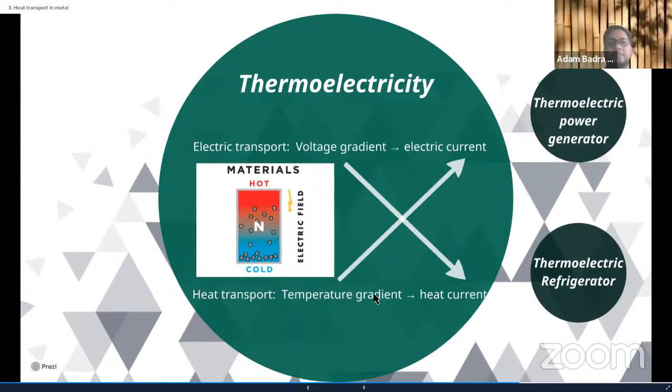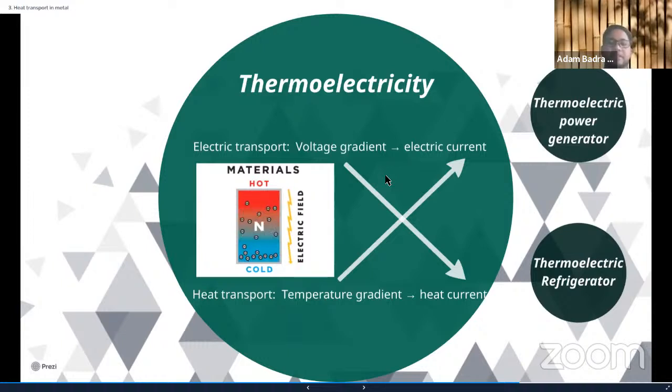So in most metals, or any solid state material, if we talk about the electric current, there will also be a heat current moving. That's the consequence of the previous Wiedemann-Franz law. So in most phenomena, electric current doesn't occur independently.